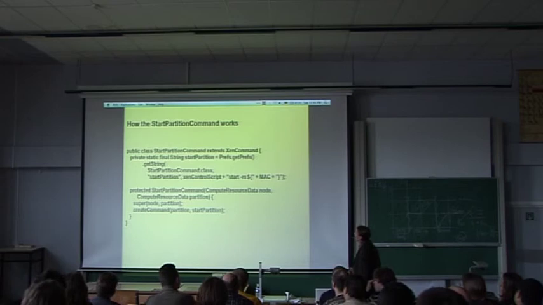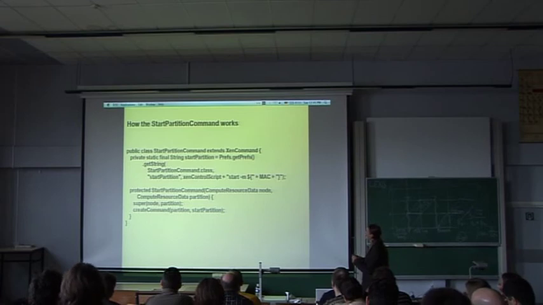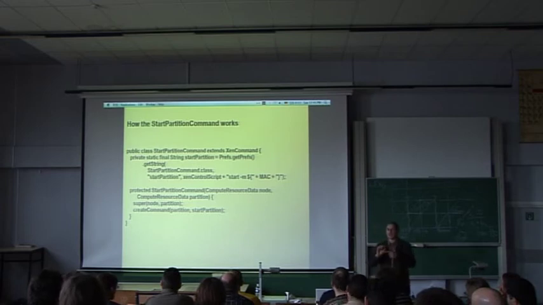The start partition command basically runs a script on the virtualization host, which then, with some command line options, does the job: creating a new XM configuration file, running XM configuration file start, and bringing up the partition.